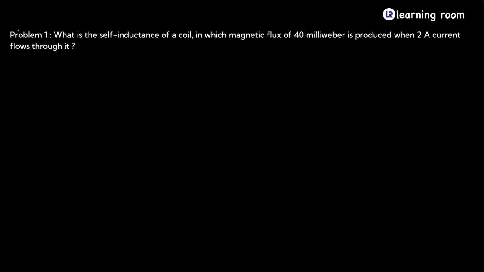Now, the first question is, what is the self-inductance of a coil in which a magnetic flux of 40 milliweber is produced when 2 ampere current flows through it? So what is the flux? Flux is equal to 40 milliweber, so it is 40 into 10 power minus 3 Weber. The current is I equal to 2 ampere.